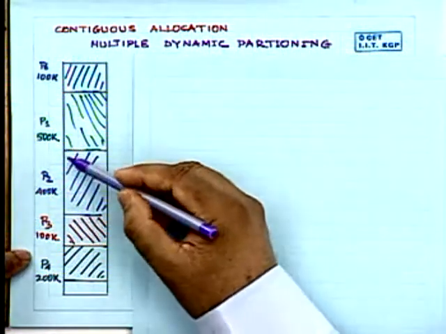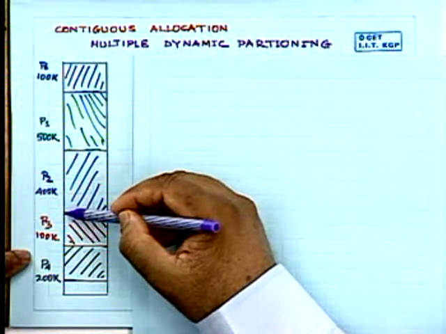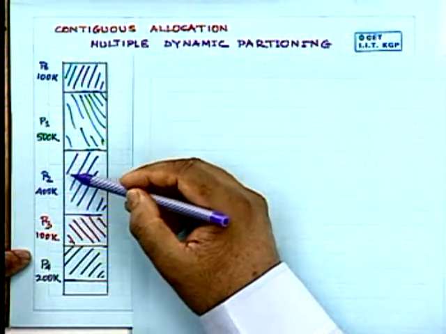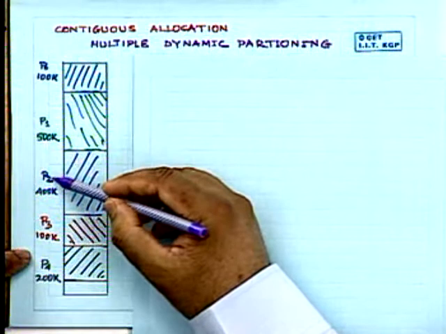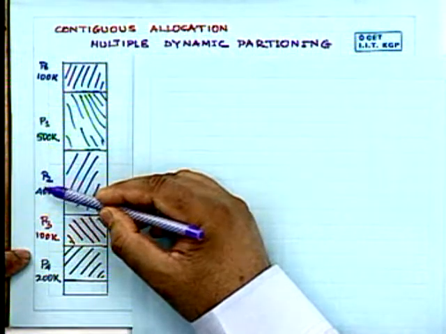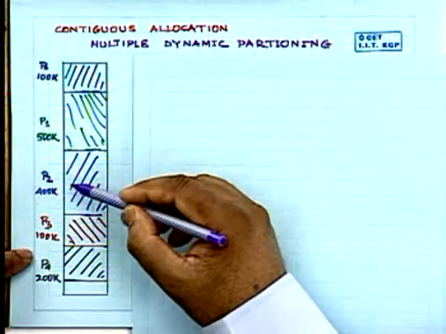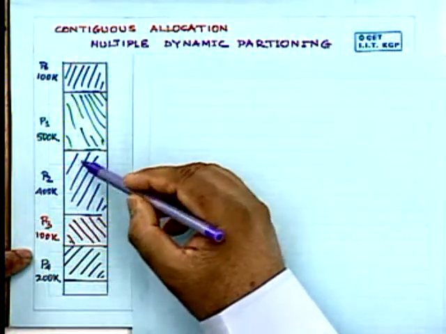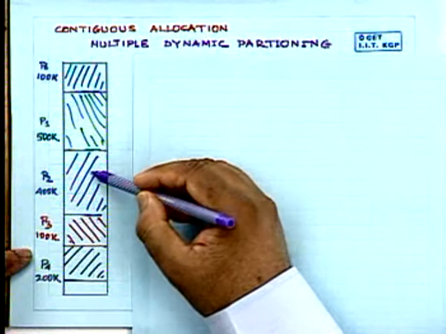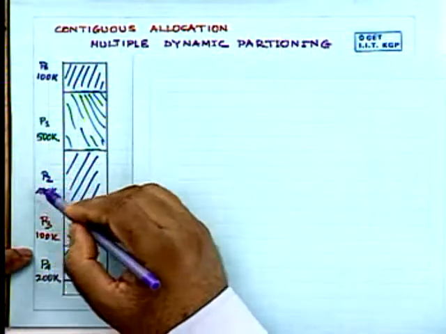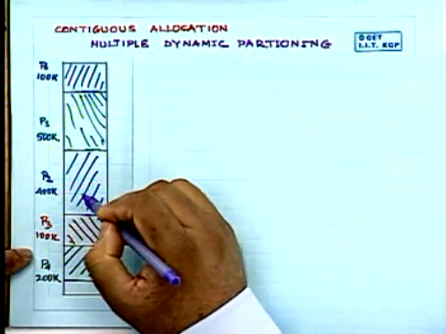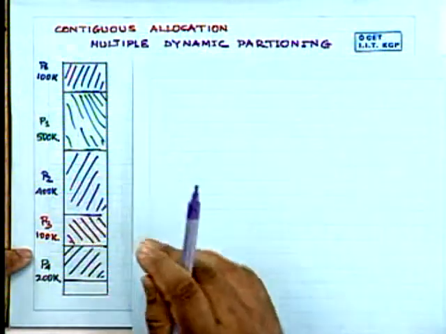The partition from here to here now turns out to be free. Okay, program P2 has completed, or it has been thrown out due to an error situation. In that case, this 400K of memory locations will be free, and we can bring in another program which can be fed into the 400K memory locations.